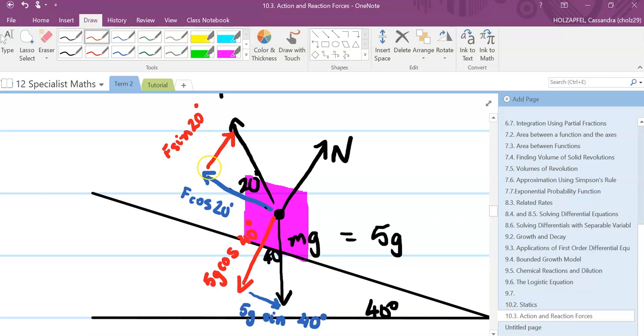So I've got my components here perpendicular to the plane, so that's including this F sine 20 component, we've got our normal component, and we've got our 5g cos 40 component. Similarly, with our parallel components, we've got this F cos 20 component and 5g sine 40 component. And so when we sum each of these, they should sum to 0.